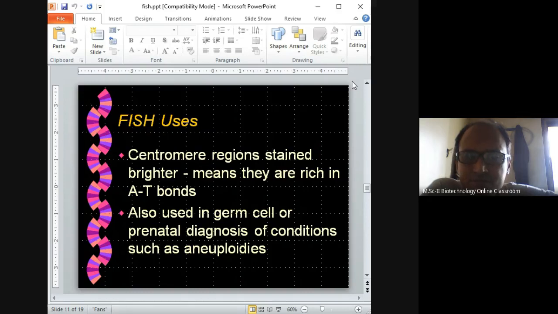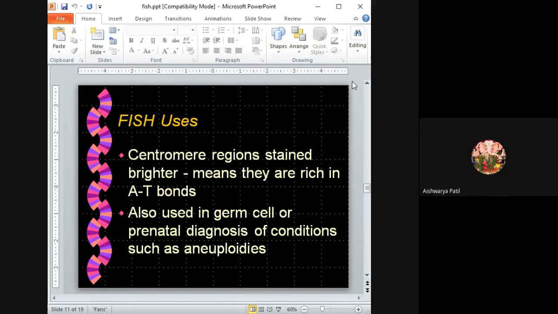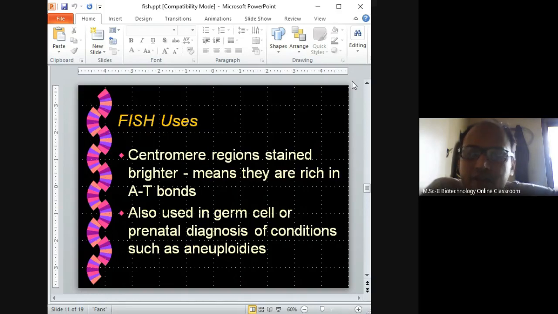Hello. Yes sir. Yeah, the genetic makeup of an infant is determined before the birth. So whether it should be done or not done, should we go for prenatal diagnosis or not?